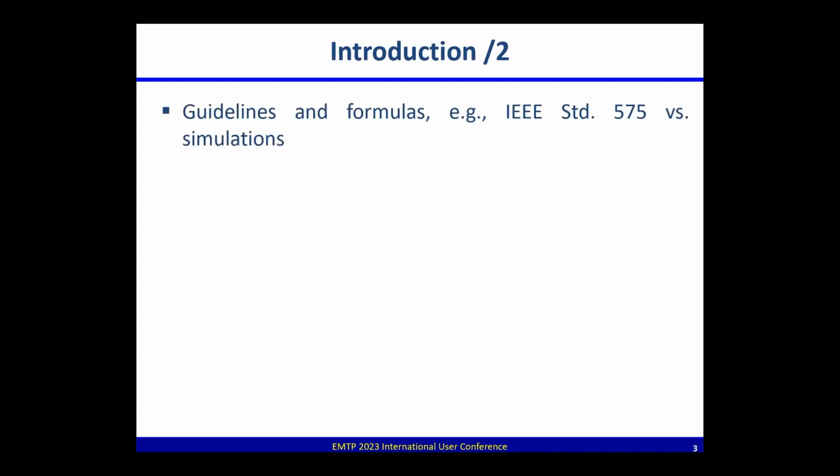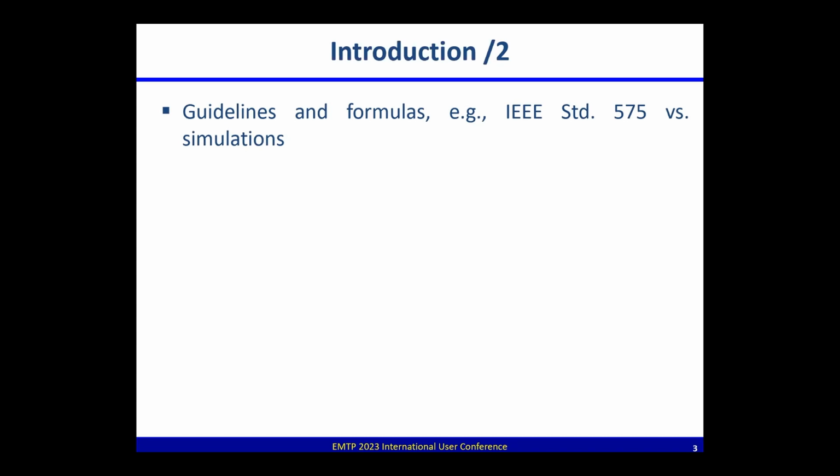Now, in order to calculate the induced sheath voltages, depending on the bonding scheme, there are several guidelines and formulae in the literature. For example, there is the well-known IEEE Standard 575, and some others in CIGRE publications.